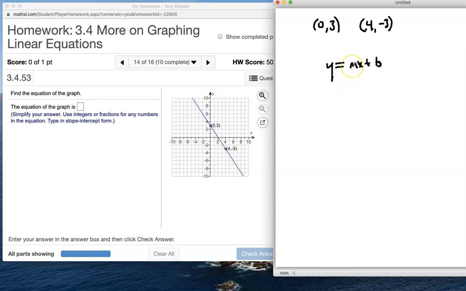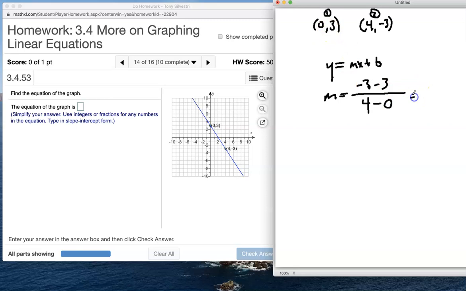I guess we need to calculate the slope, and the slope requires a point 1 and a point 2. So m equals y2, which is negative 3, minus the y value of point 1, which is 3, divided by x2, which is 4, minus x1, which is 0.